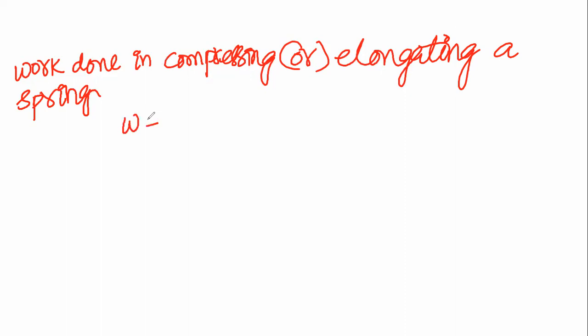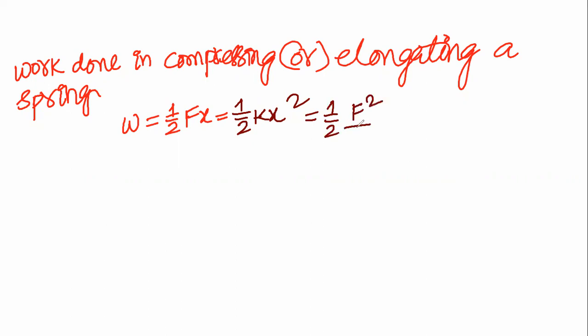Work done W is equal to half F into x, F for force, and x is the compression or elongation. Or half kx squared, k is the spring constant. Or we will take half F squared divided by k. These are the formulas for compressing or elongating the spring.